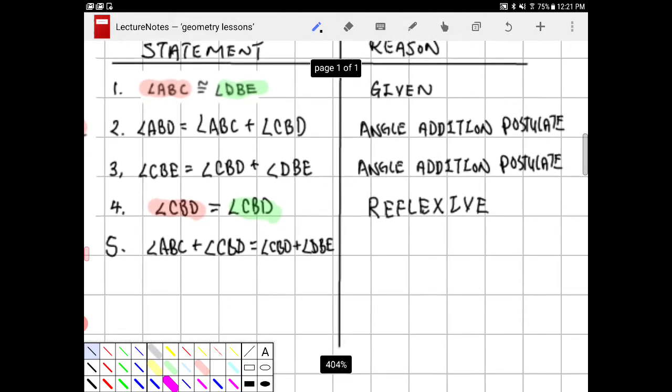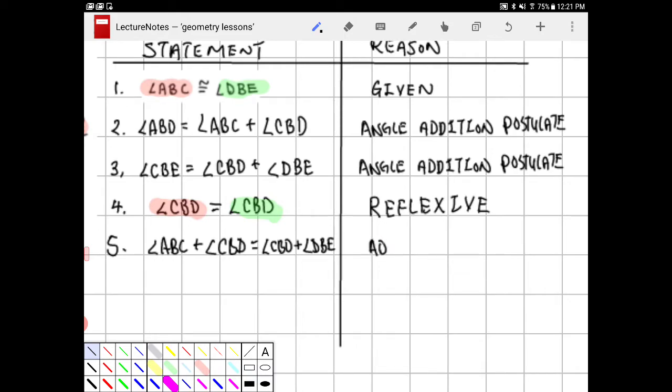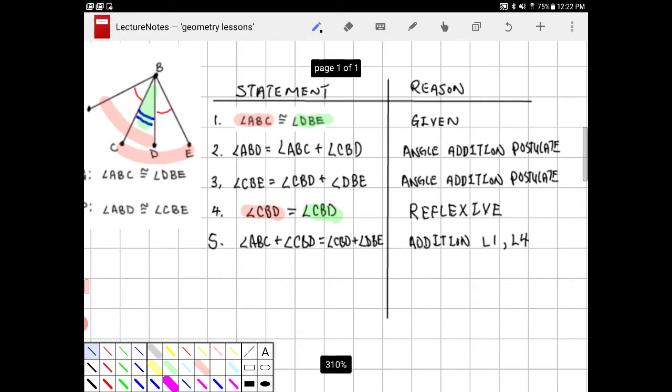And this is true because of addition between lines 1 and 4. We're adding line 1 and line 4 together.